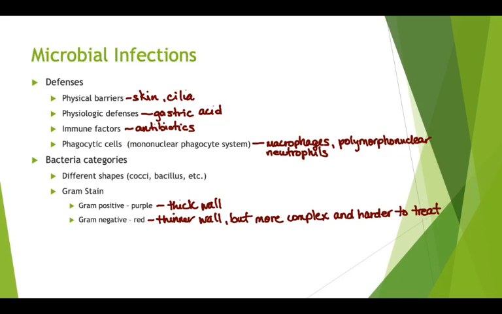We have physiologic defenses, like the acid in our gastric system, which is a defense for preventing infections because of its acidity. And we have our immune system, which we use to produce antibodies against what we are exposed to. Those are your defense systems.